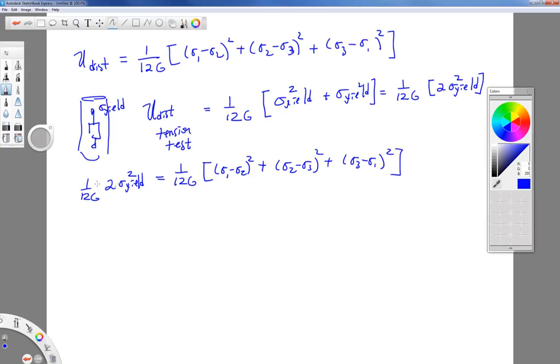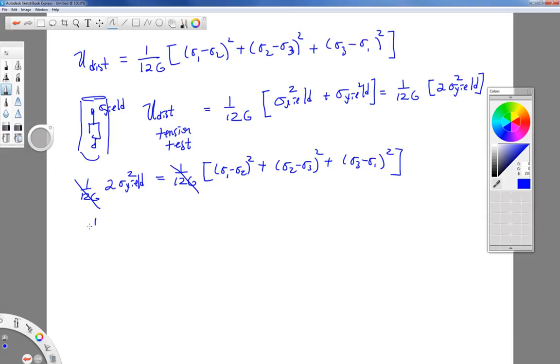Okay, and if you notice now, the 1 over 12G's cancel out. And I have this 2 sitting over here. Actually, what I'm going to do is move that to this side. And I'm going to divide everything by 2, and then I'm going to take the square root of both sides.